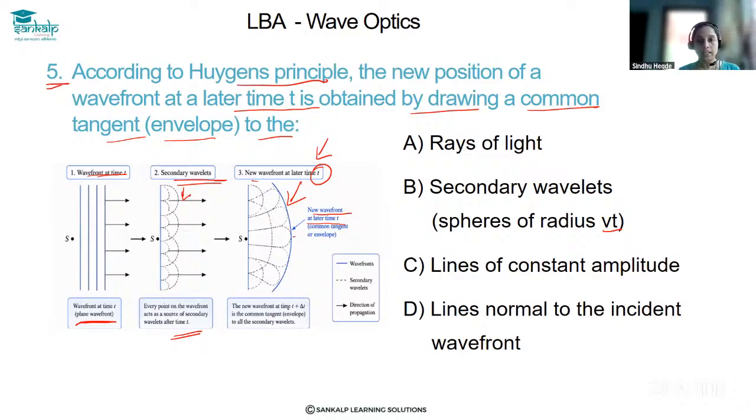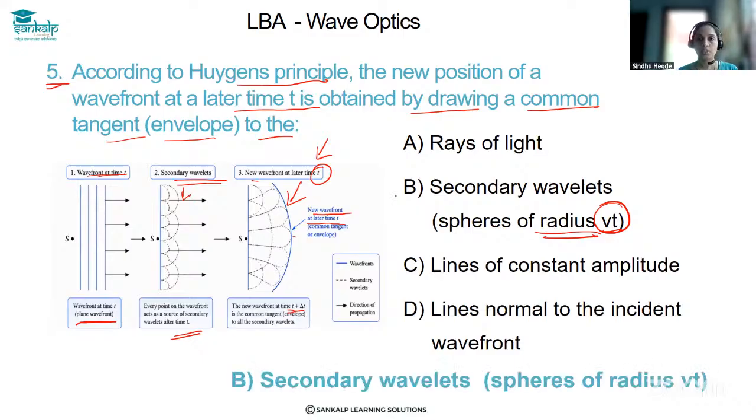So here at a time t, the secondary wavelets are generated and they are spheres of radius v into t. Hence, the correct option is option B, secondary wavelets, spheres of radius v into t. This is the correct answer.